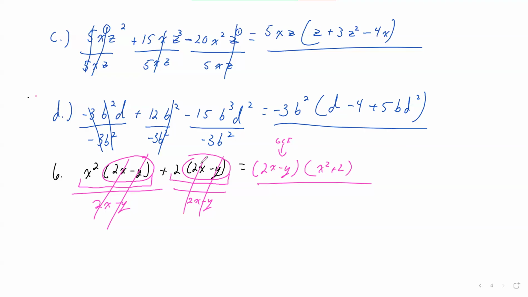All right, let's try another one like that. This is actually part A. Part B, 6y times x minus u plus x minus u. Perfect. That's it.